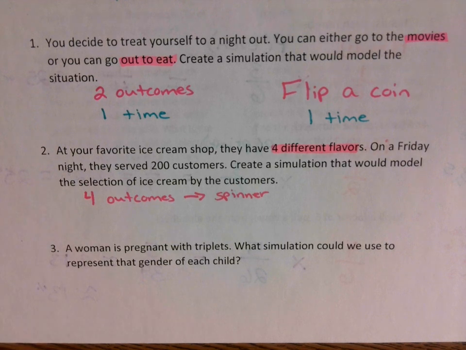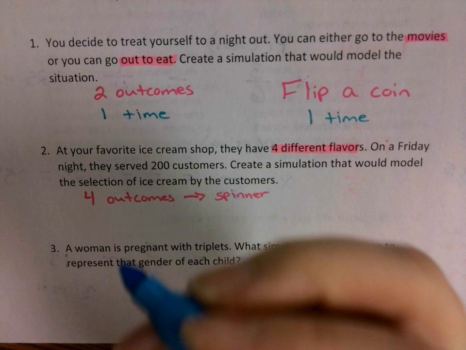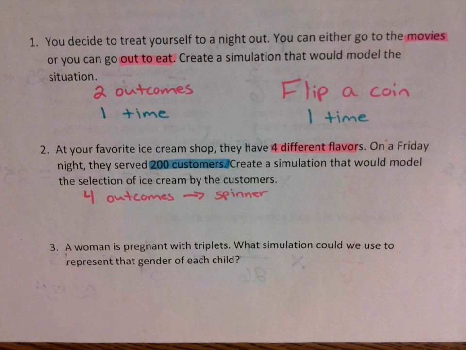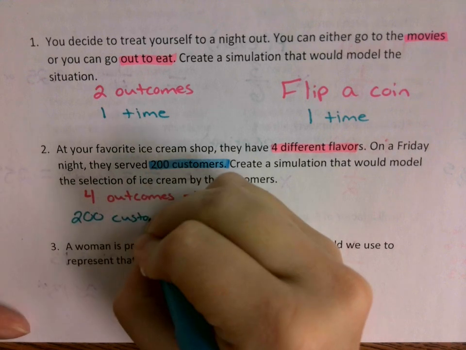How many times are they selecting ice cream? 200, right? You have 200 customers. That is going to represent 200 trials. So 200 customers is going to represent 200 trials.